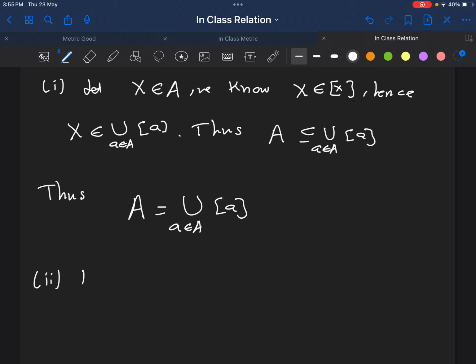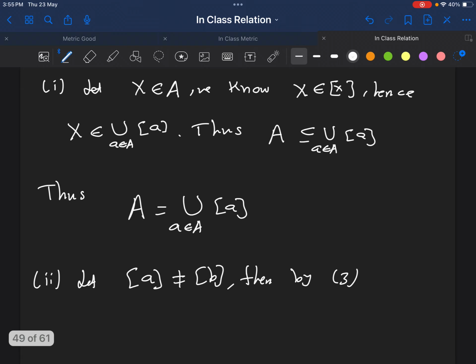Now, for the second, we will take two equivalence classes. They are not the same. Then by 3, their intersection is empty.